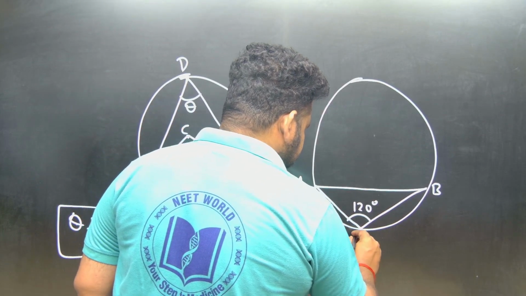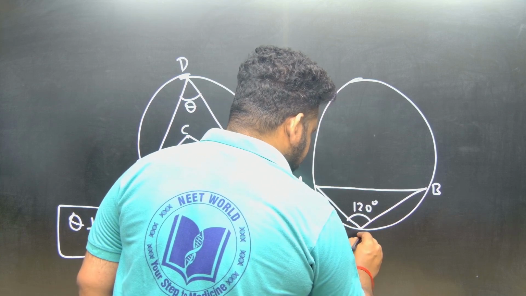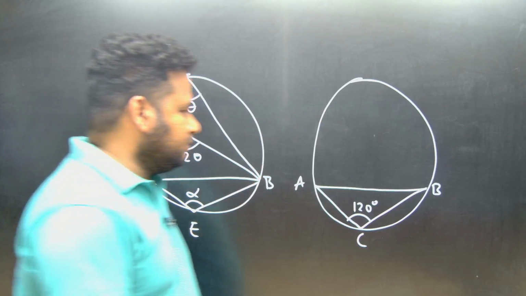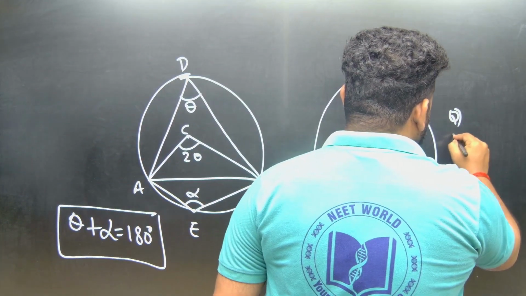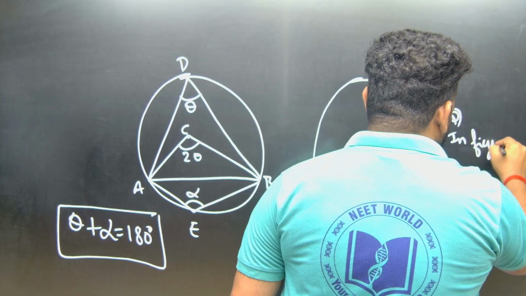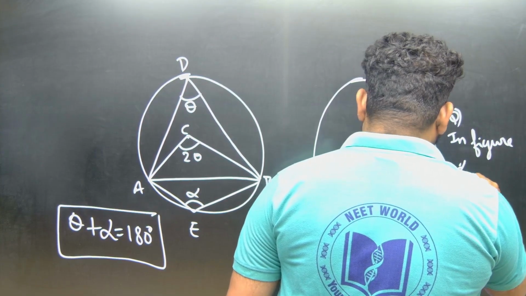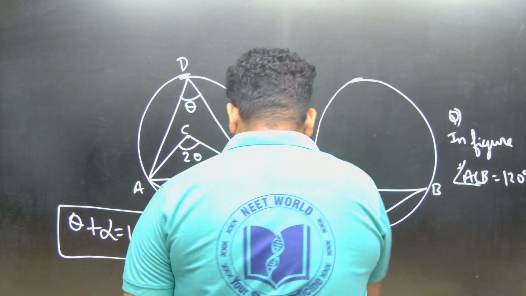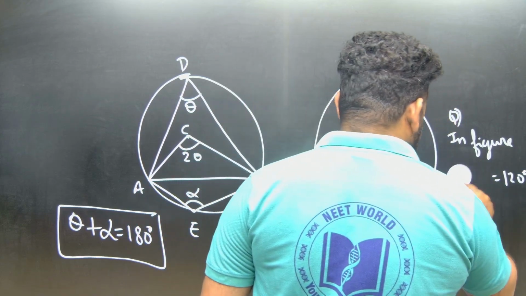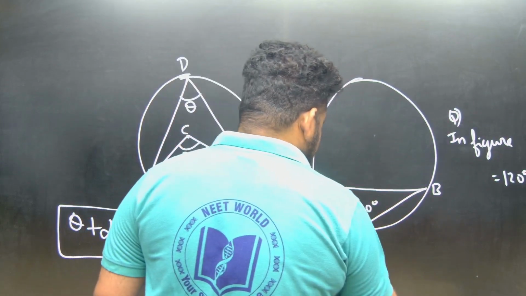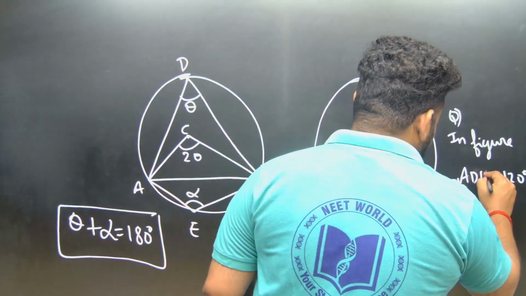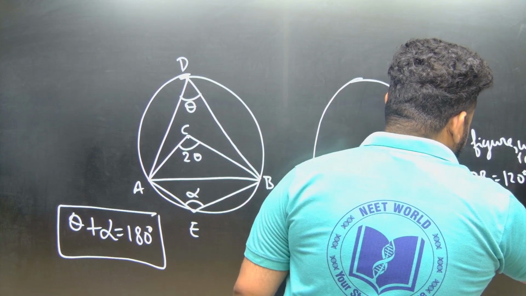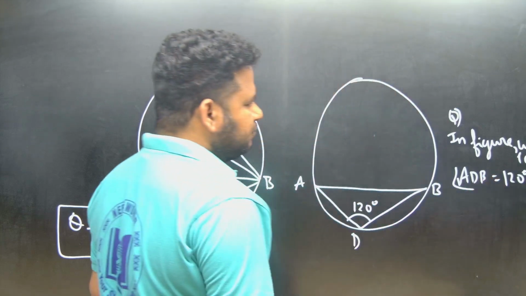In the figure, with a circle with center C, angle ADB is equal to 120 degrees.